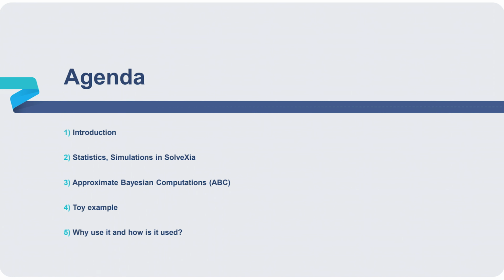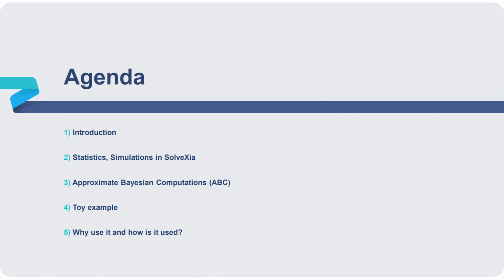Okay, so for the agenda for this session, I'll briefly start with an introduction on Bayesian statistics. Then I'll go into how you can achieve this through Solvexia, and after showing you how to do these things in Solvexia, I'll show you an algorithm that was designed to be easy and accessible to all ranges of audience so that they can make use of the theory without needing to be enticed by the technical details.